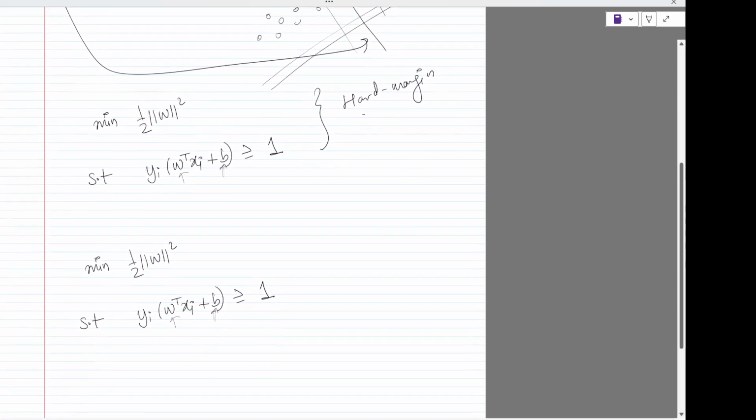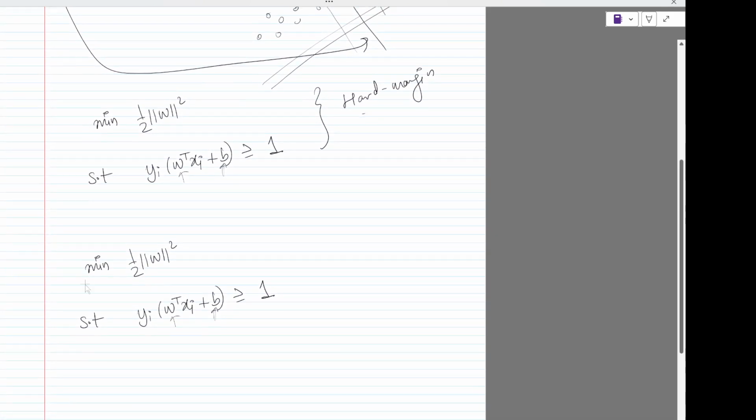Additionally, here you are trying to find the w and b which minimizes this, satisfying this constraint for all i in the dataset.